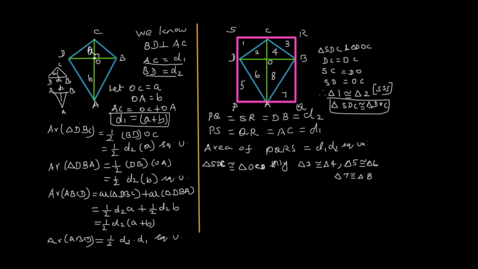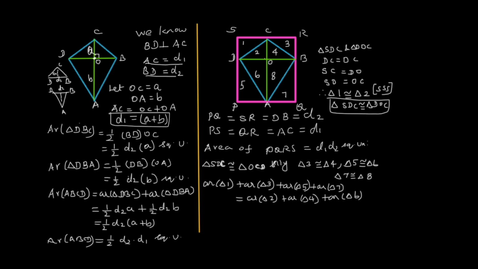That is, when we are taking all the odd number triangles, area of triangle 1 plus area of triangle 3 plus area of triangle 5 plus area of triangle 7, which is equal to area of triangle 2 plus area of triangle 4 plus area of triangle 6.